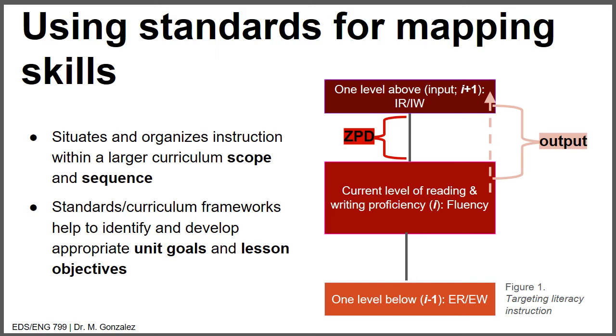The language of literacy standards allows instructors to create their own unit goals and lesson objectives tailored to the zones of proximal development of their particular classroom of learners, while still keeping the long view of the curriculum scope and sequence in mind. So when we sit down to plan instruction for ESL and EFL classes, we can use standards to map out the skills we will develop over the duration of the course.